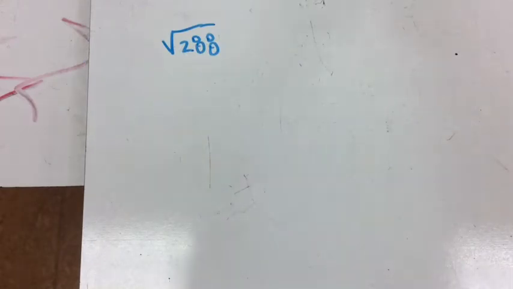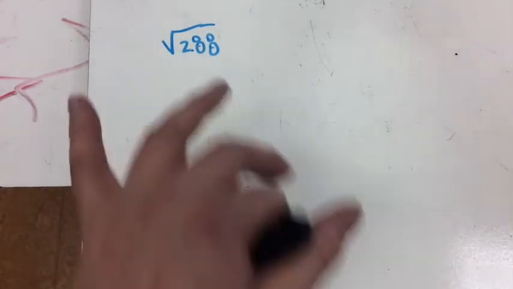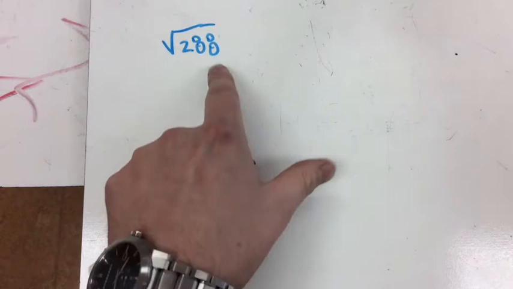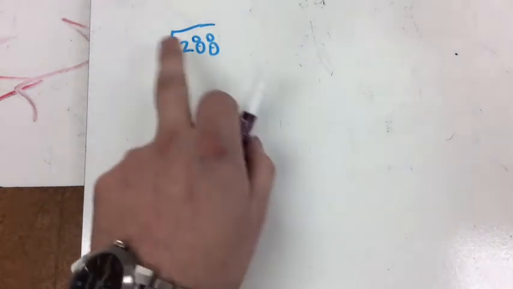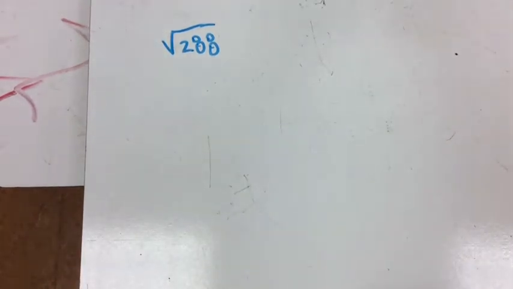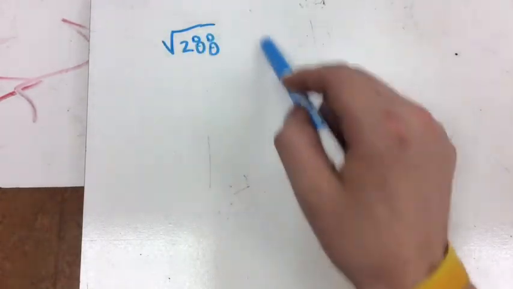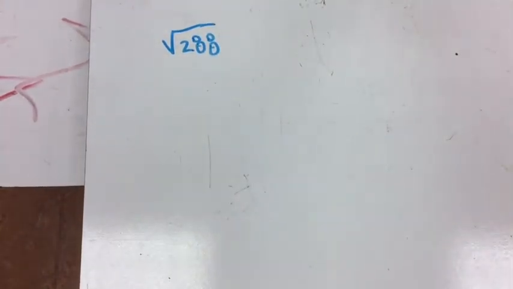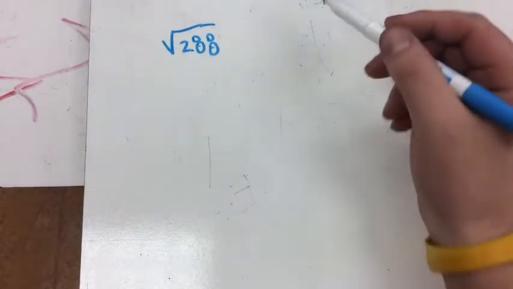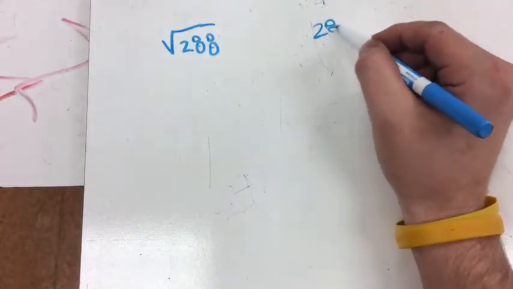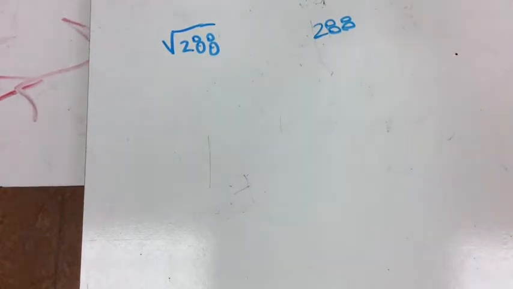Okay, let's go over how to find the square root of numbers like this. Well, not odd numbers, this is an even number, but still numbers that don't have a perfect square. 288 is not a perfect square. And even if you didn't know that, we can still use this technique. The best thing to do is take 288 and divide by a perfect square.